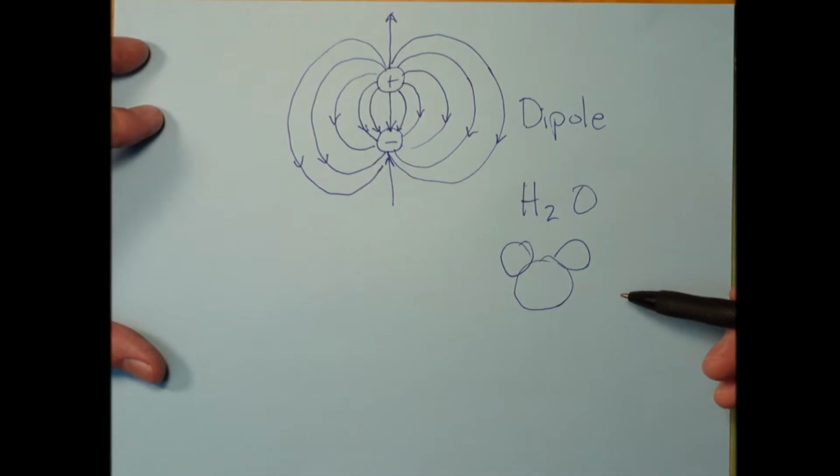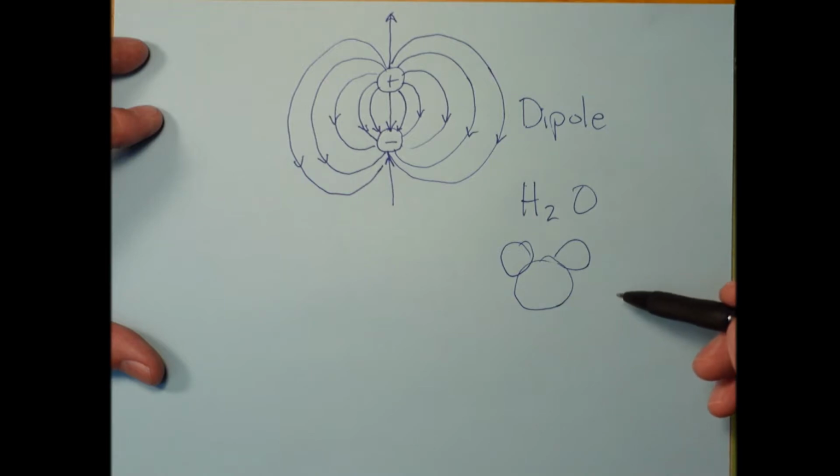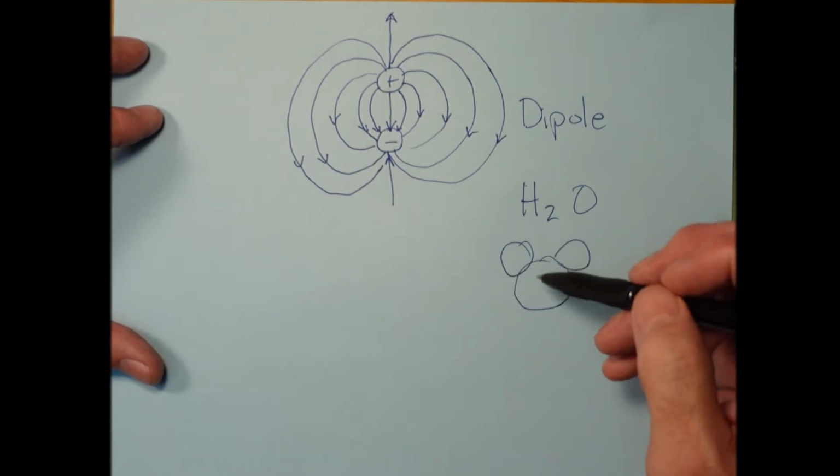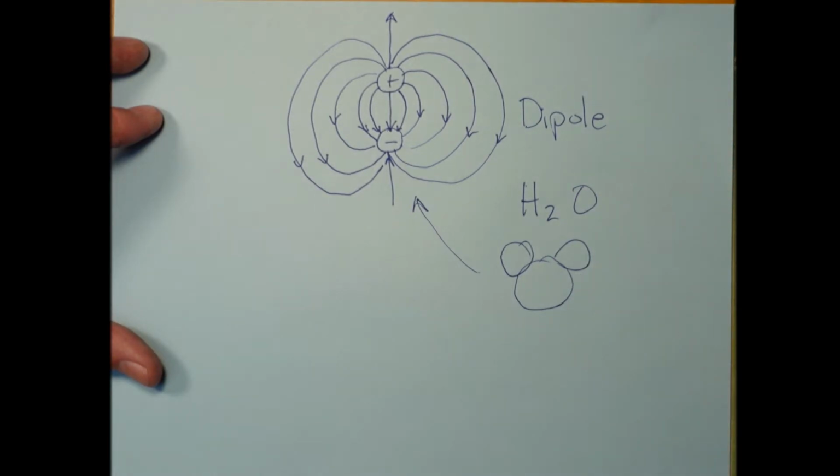But that's water right there. And you'll notice there's more up at one end than there is at the other end, which lends itself to be modeled like this. So a water molecule is a dipolar type of molecule.